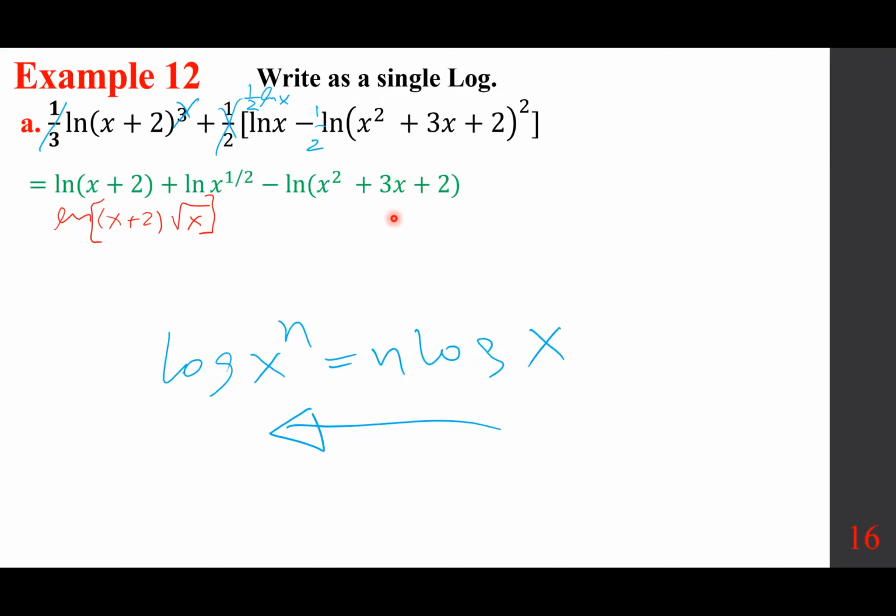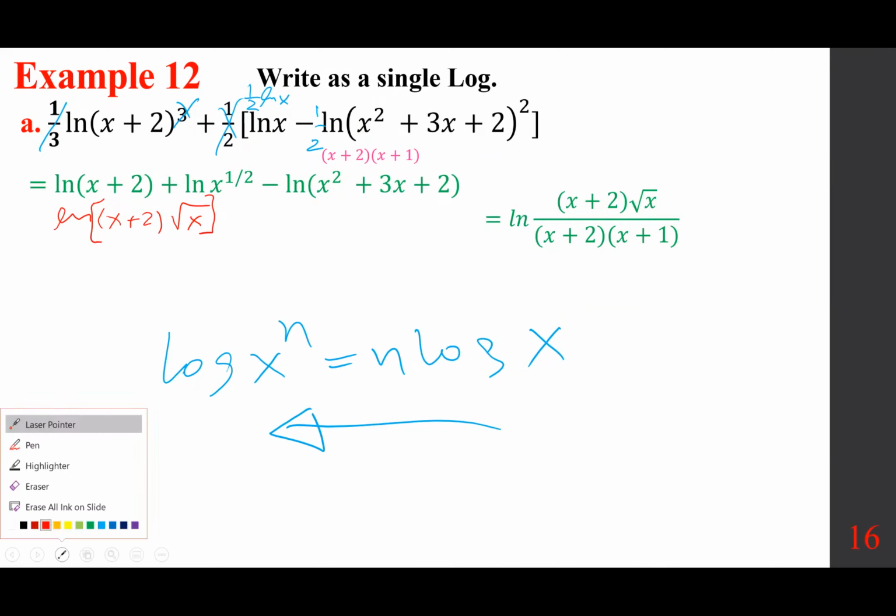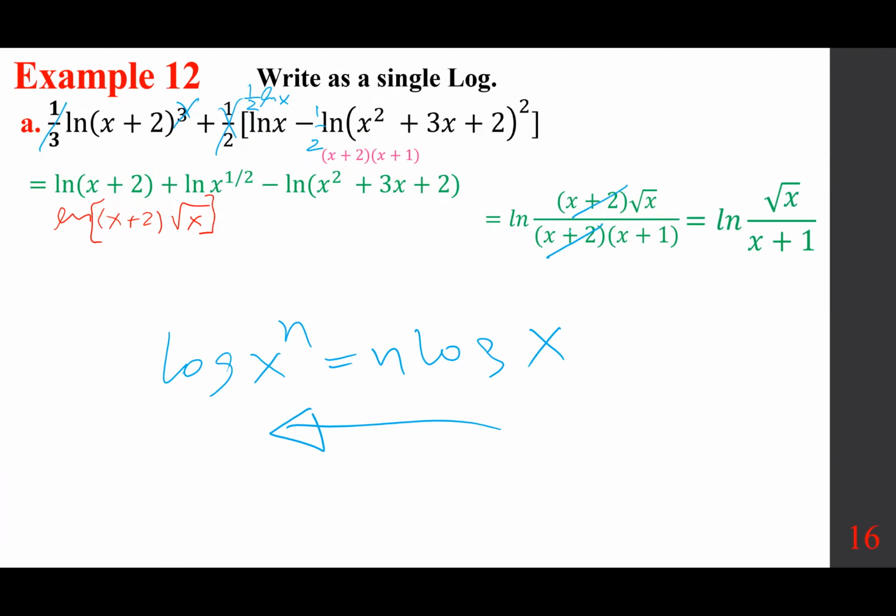We are looking for two numbers. The product is 2, the sum is 3, and they are 1 and 2. So (x plus 2)(x plus 1). And so we can write ln. The numerator is this brackets, and the denominator would be the 2 parentheses. We can cancel those 2. And this is the final answer.